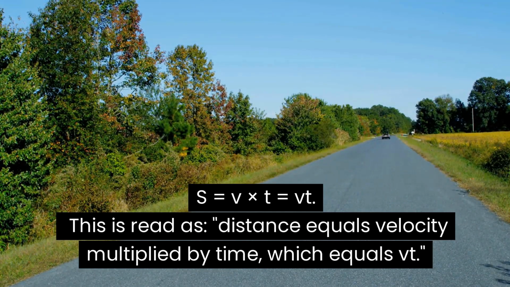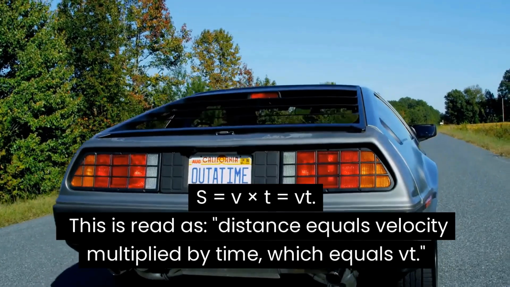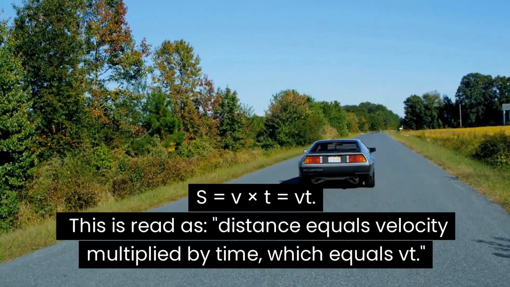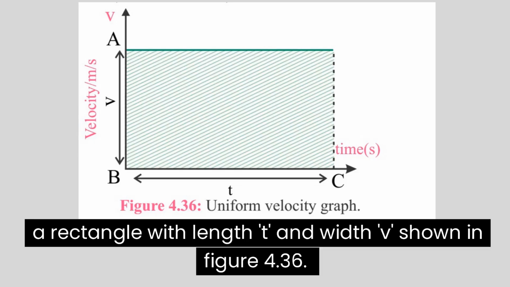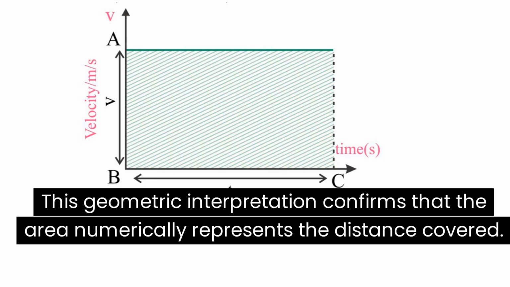This is read as distance equals velocity multiplied by time. Representing the area under the speed-time graph, a rectangle with length t and width v, shown in figure 4.36. This geometric interpretation confirms that the area numerically represents the distance covered.